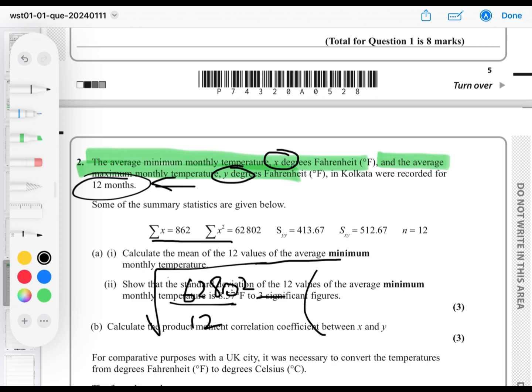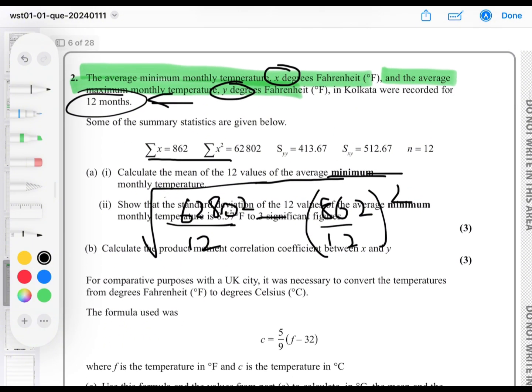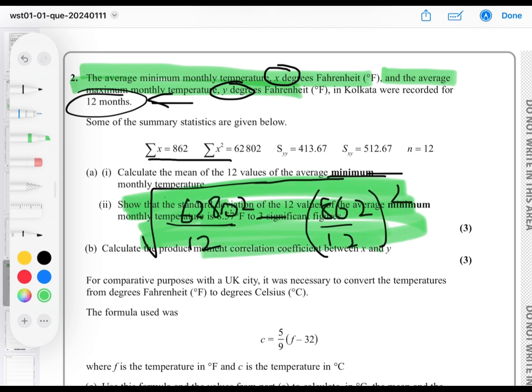And here we will put the mean, which we just calculated, which was 71.8. Let me write it again, and then take the square of it. Now let me calculate this by putting it in the calculator.